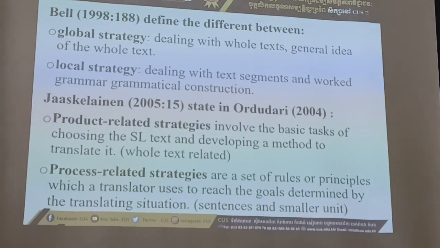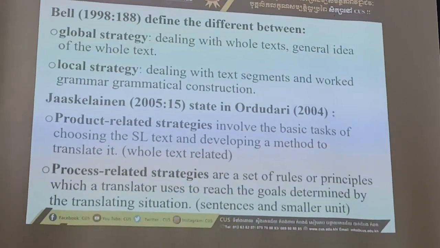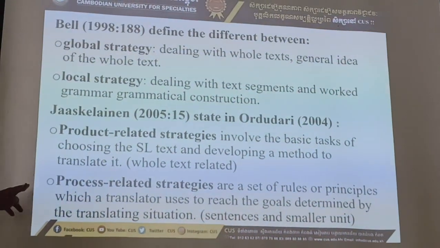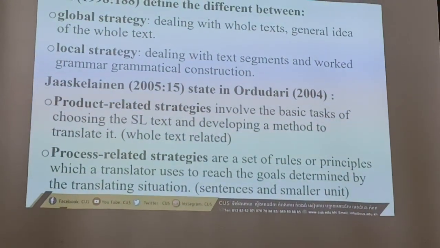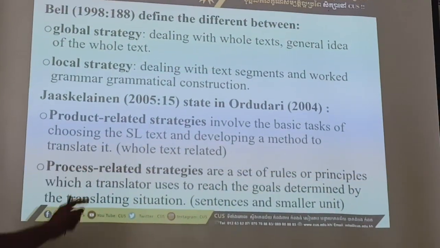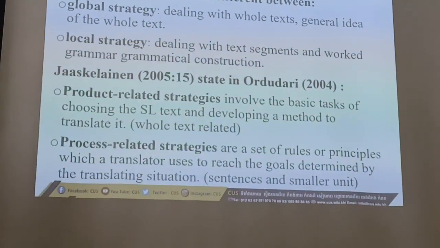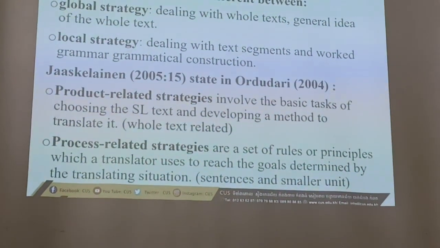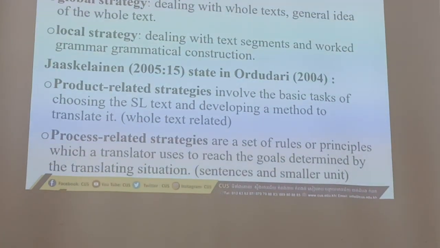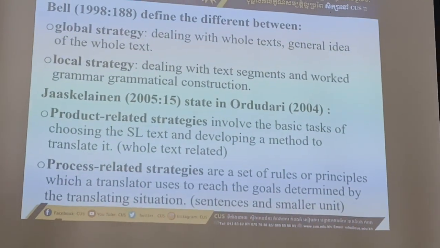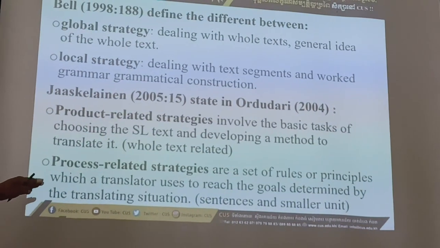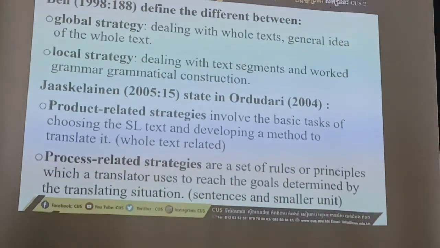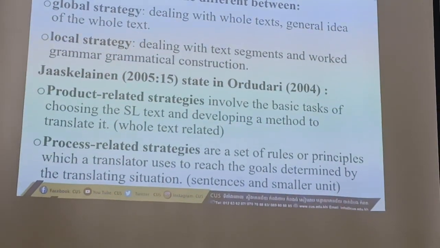As I understand, but I don't know whether it's correct, this is related to whole text translation. And process-related strategy is a set of rules and principles which translators use to repeat goals determined by the translating situation, which means this is the process of translating sentences and smaller units, which could be words.